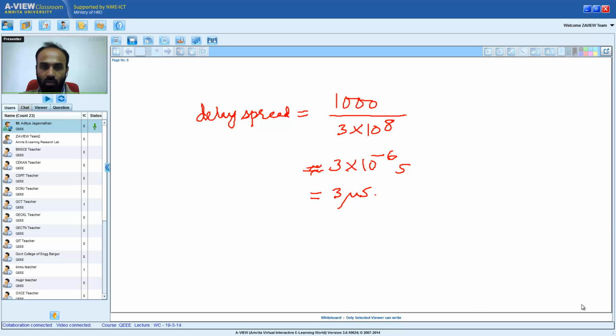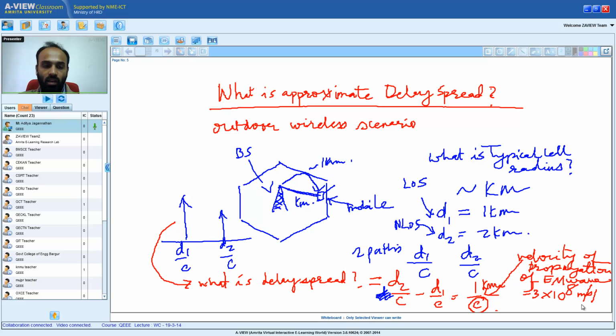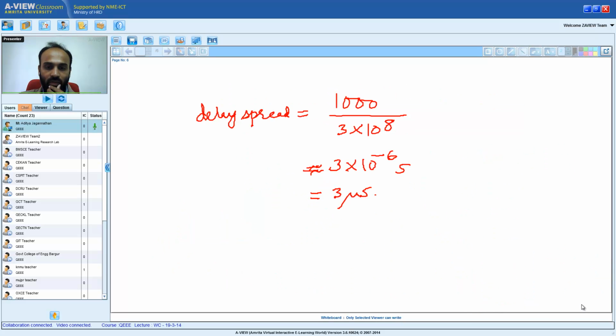What I am saying is the following. In outdoor cellular environments, the distances are approximately of the order of kilometers, which means the delay spread, or the interval of time over which the signals are arriving, is approximately of the order of microseconds. So basically what we are saying is the following thing.